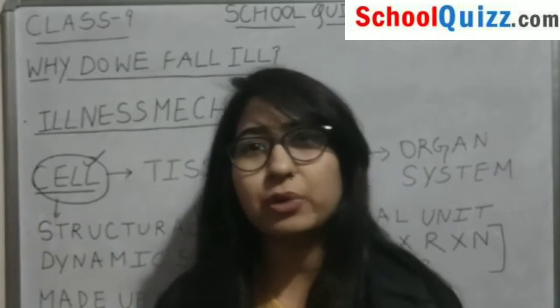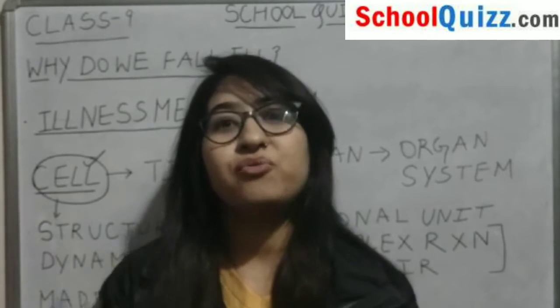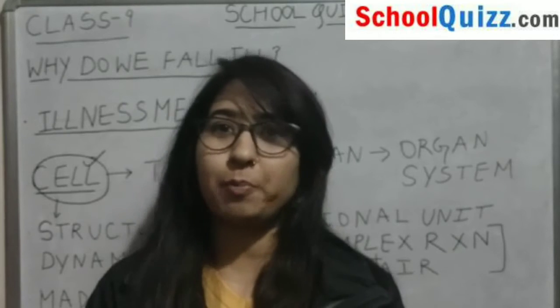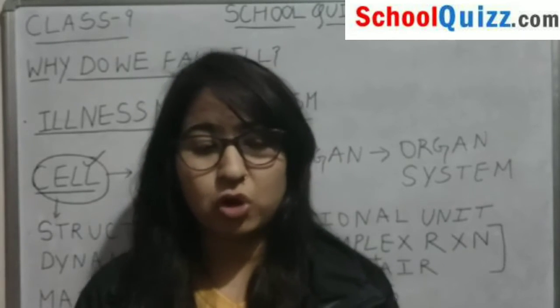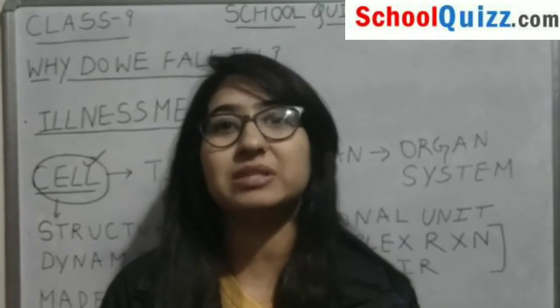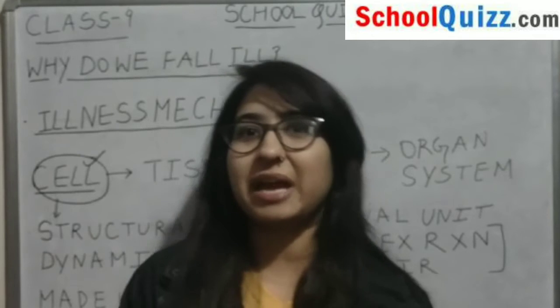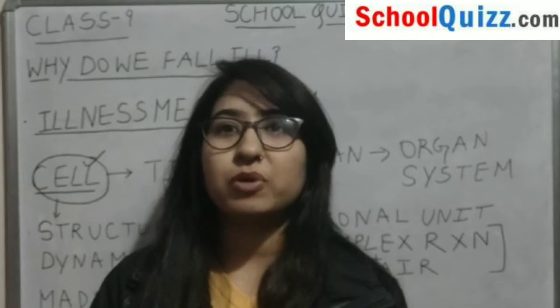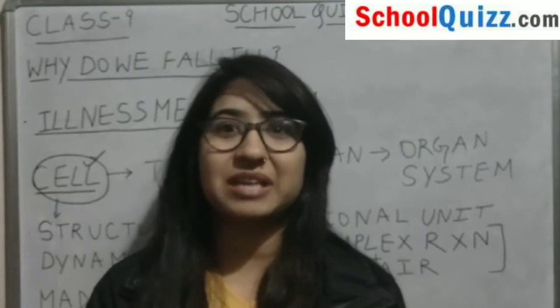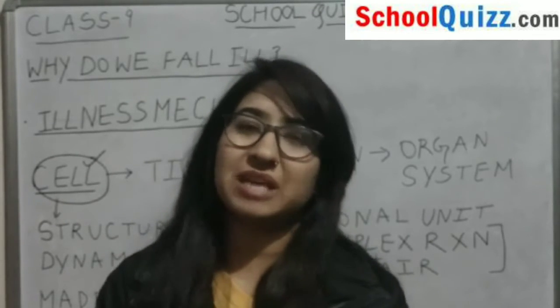Okay, and after structure comes the function. That is the functional unit of life, which means something which provides function to other organs or parts of the body. If we talk about respiration, how the process of respiration is carried out in our body, how the process of digestion is carried out in our body, how the process of excretion is carried out in our body, it is basically carried out by cells only.